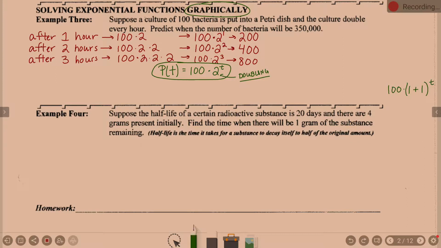Now, we obviously are going to need to graph this, yes? So we're going to graph the equation y equals 100 times 2 to the x.